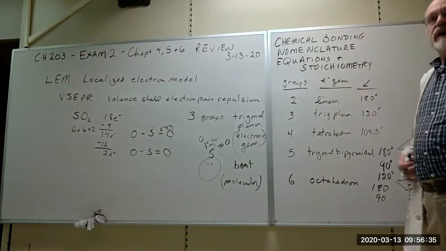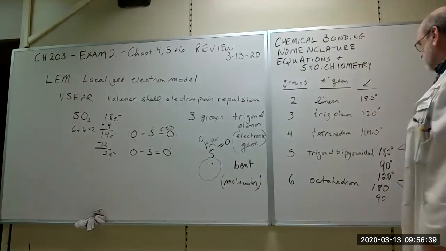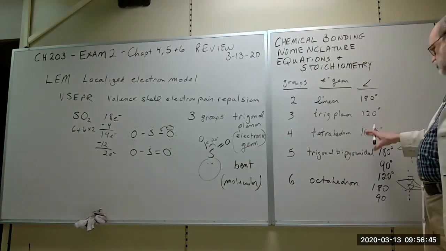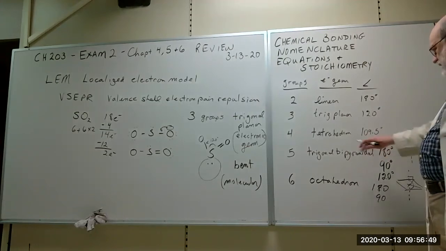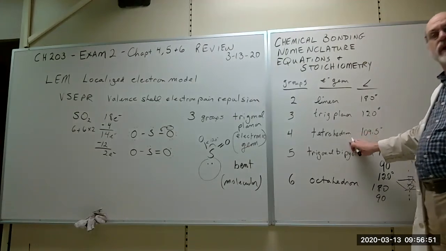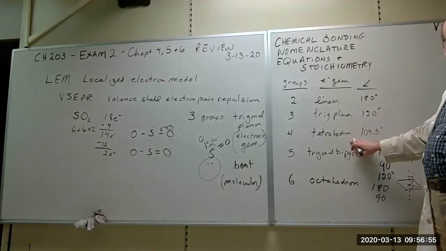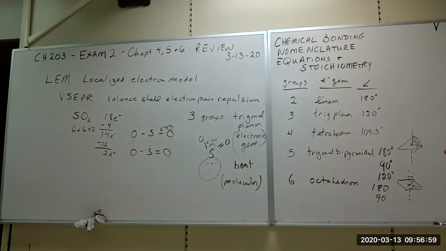If you have any lone pairs in there, you have to cover them up and see what's left over. Most of them are fairly straightforward. If you cover one up, you can figure it. Tetrahedron, if you cover up one lone pair, you got a trigonal pyramid. Cover up two, you got a bend. Trigonal bipyramidal gets a little tricky. How do you get these things as far apart as possible?